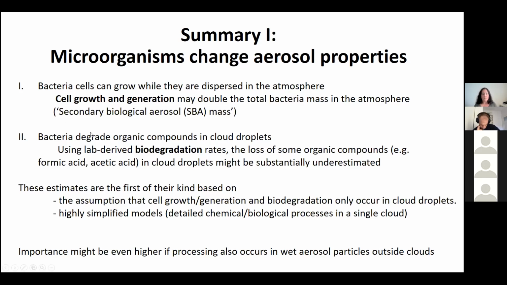And also bacteria can degrade organic compounds in cloud droplets. We think that for compounds like formic or acetic acid, or compounds with similar properties, it might be an efficient sink in addition to the chemical processes we have included in models.